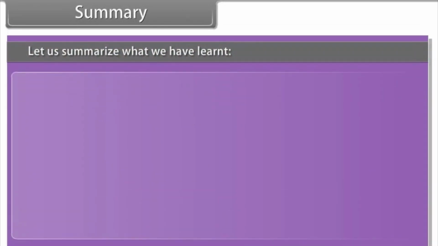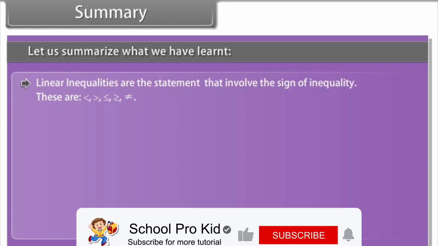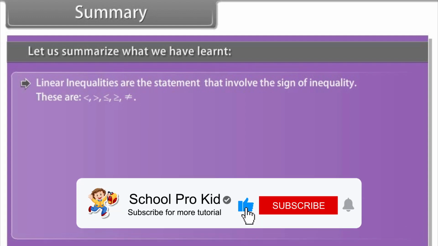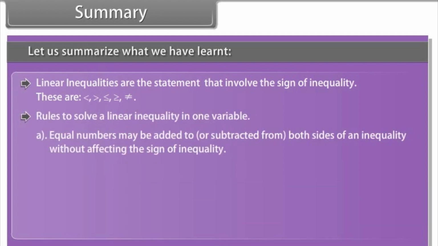Summary. Let us summarize what we have learned. Linear inequalities are statements that involve the sign of inequality. These are less than, greater than, less than or equal, greater than or equal, not equal. Rules to solve a linear inequality in one variable. A. Equal numbers may be added to or subtracted from both sides of an inequality without affecting the sign of the inequality.